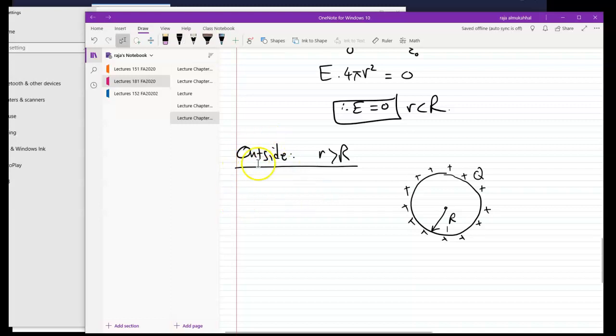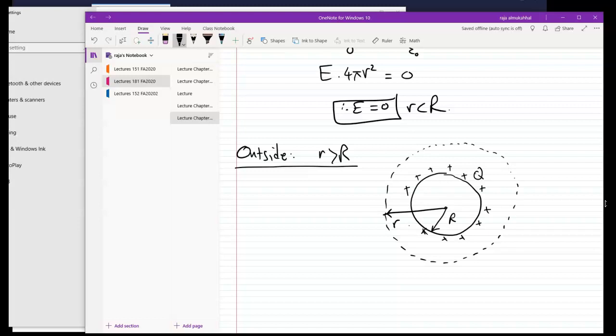In this case the Gaussian surface is going to be outside, because the problem says find it outside. So here it is, of radius small r. There we go. That's radius r.